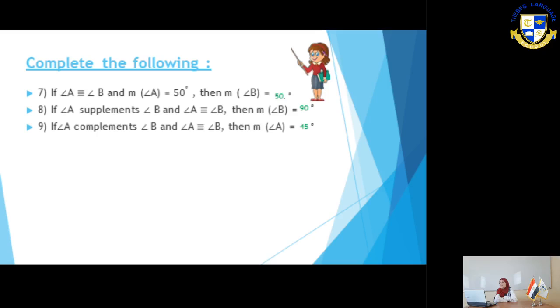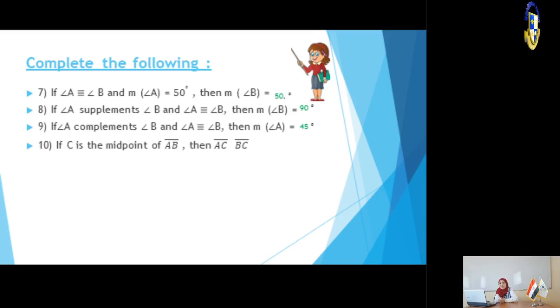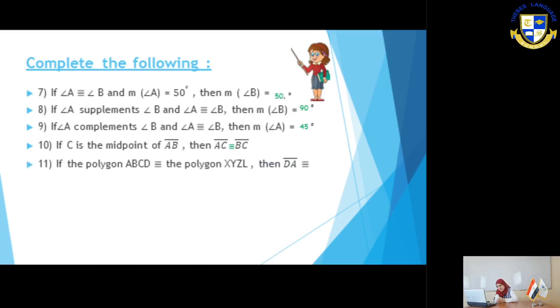Number 10, if C is the midpoint of line segment AB, what's the meaning of midpoint? It is at the middle of AB, so it divides AB into two equal segments. AC will be congruent to BC.